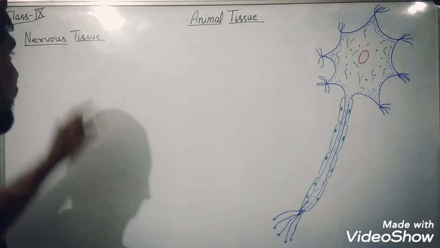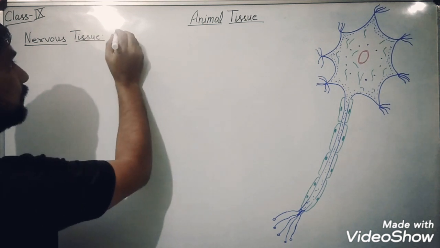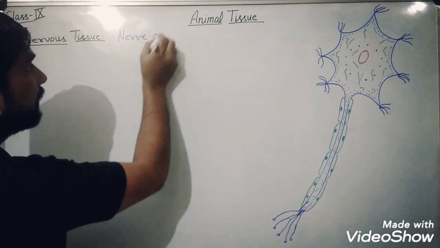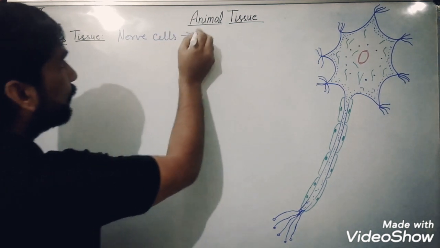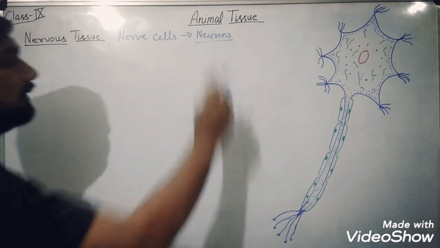One thing that is very sure about nervous tissue is that it is made up of nervous cells, which are known as neurons.